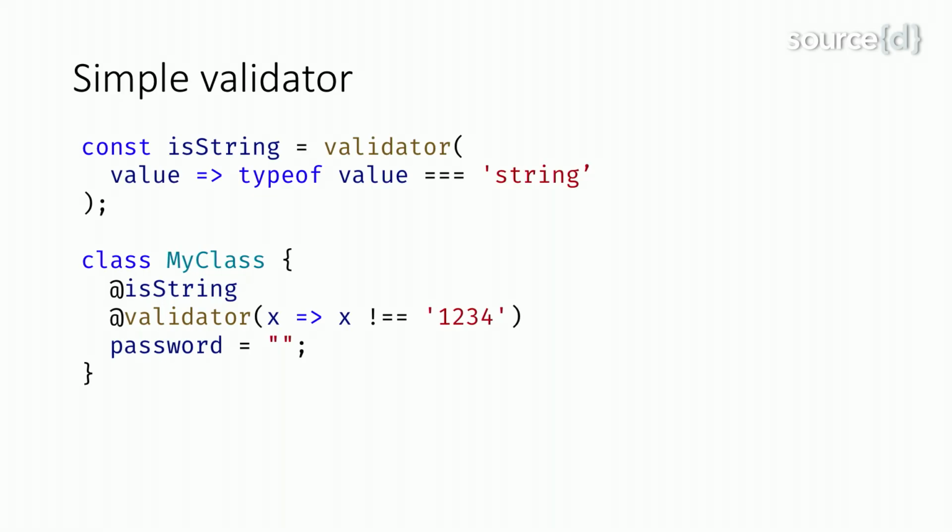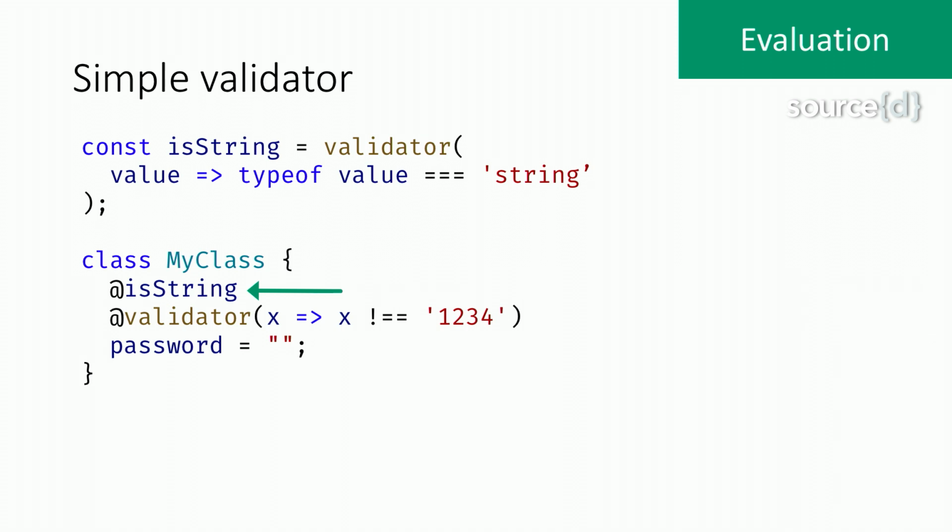But there are some gotchas. Evaluation and execution. This is a bit difficult to understand at first, but then it really made sense. In the example just shown, there are two phases, the evaluation and the execution. The evaluation reads isString.